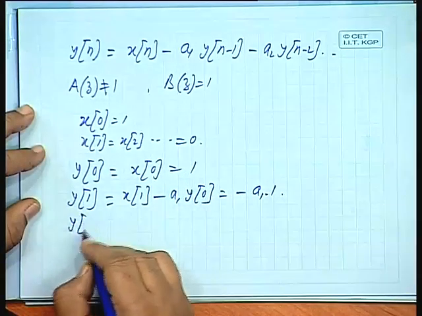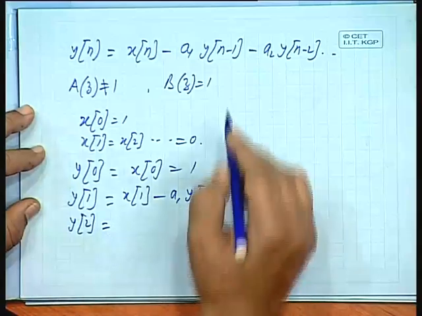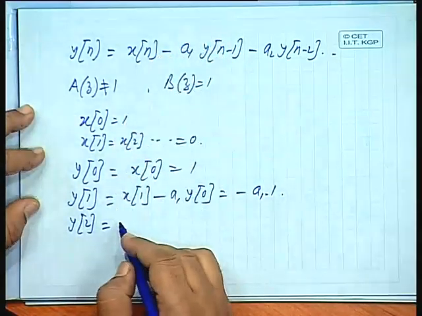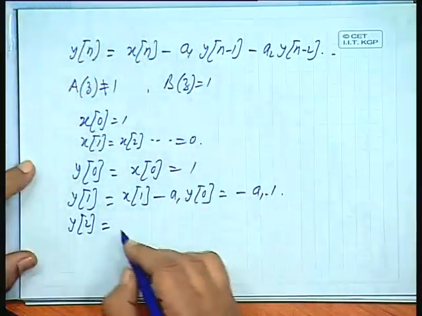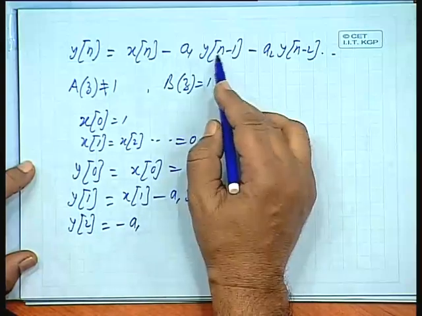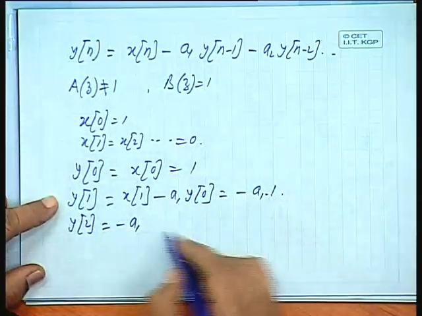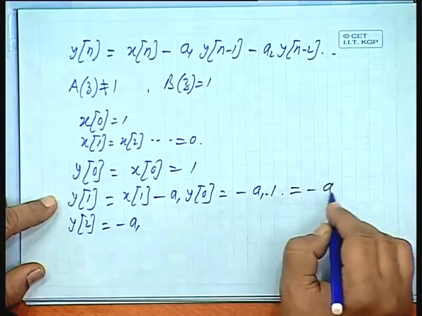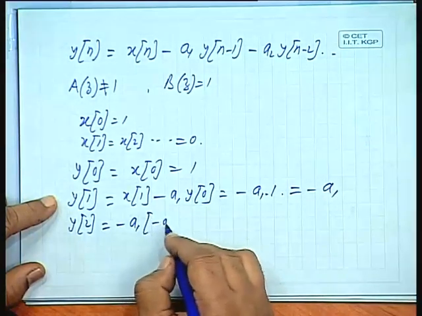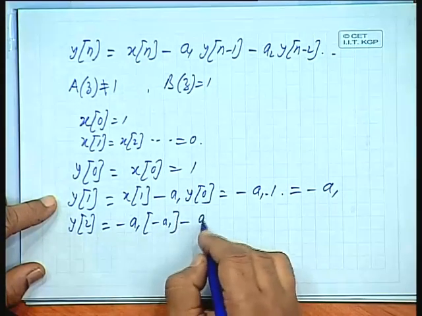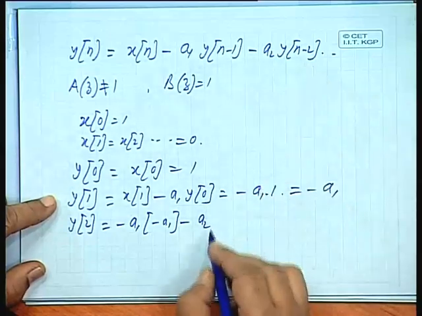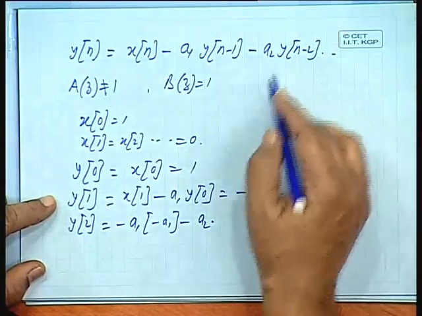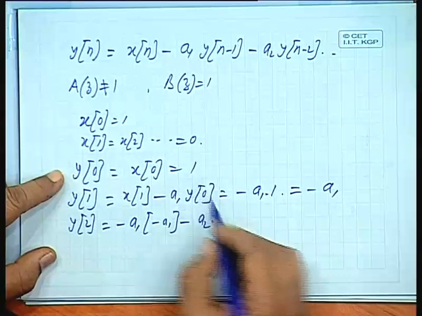y2 similarly will be: this will be 0, this will be minus a1 times y at the previous instant, which is minus a1, minus a2 into y(n minus 2), which was y0, which is 1.